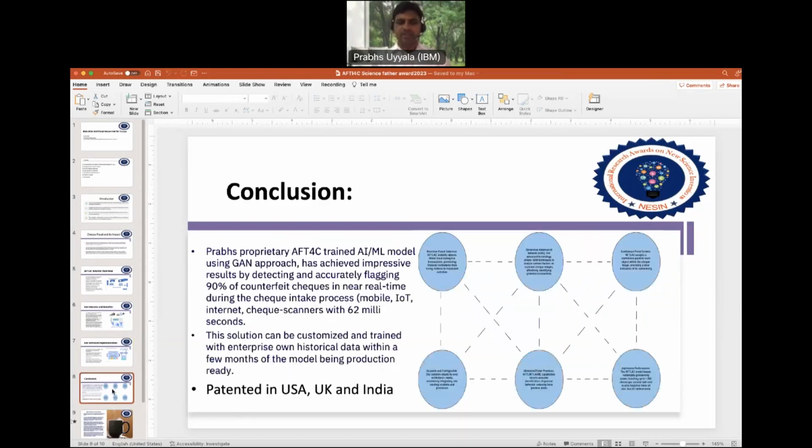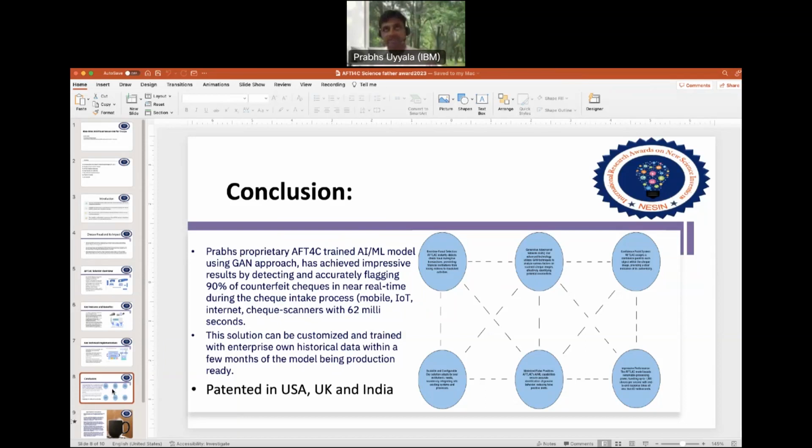So let's see the final conclusion. This proprietary FTC model, an AML model trained using a GAN approach, has achieved impressive results, with a detection accuracy of 90%. We purposefully made fraudulent checks, and when we processed them, we were able to detect 90%. By tweaking some of the soft weights, we sometimes achieved 95%, but on average most of the time we get 90%.